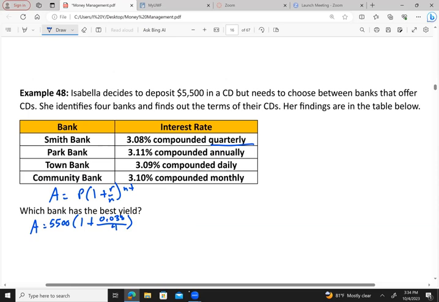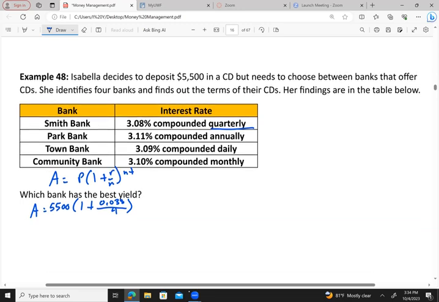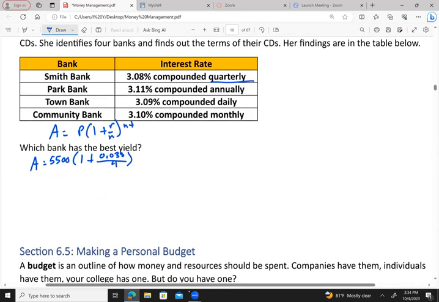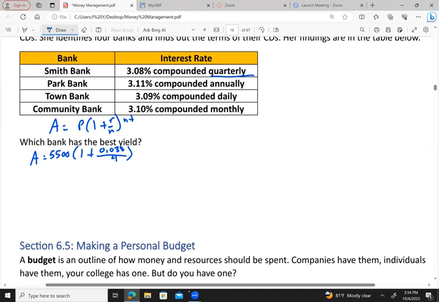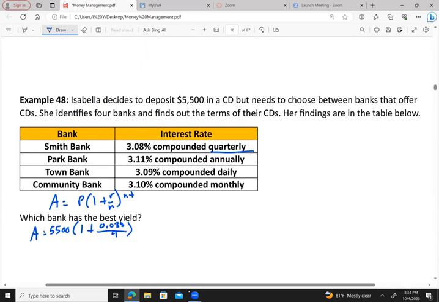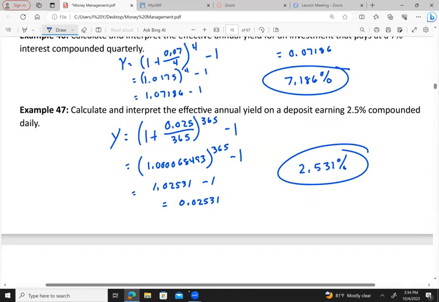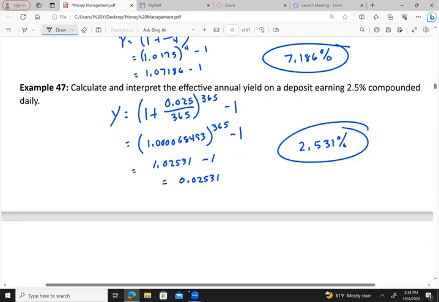And does it say how long? Oh, I'm not doing this the way that we need. We're going to use the yield formula instead on this.